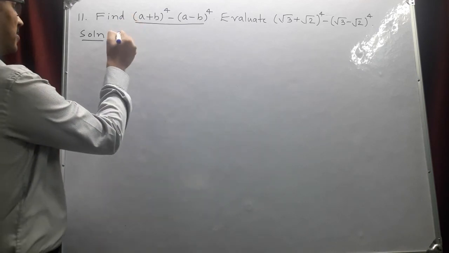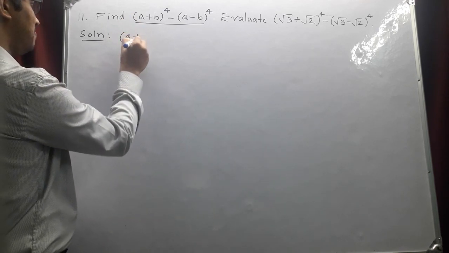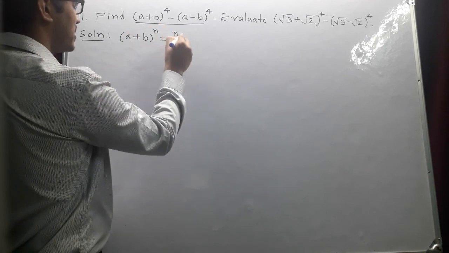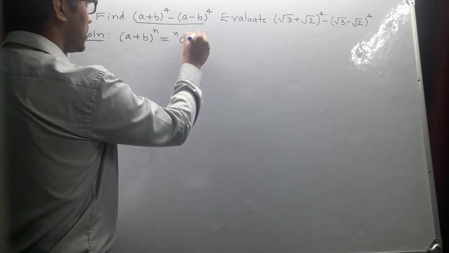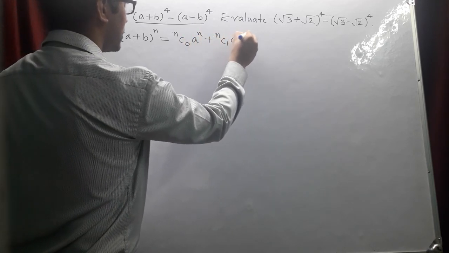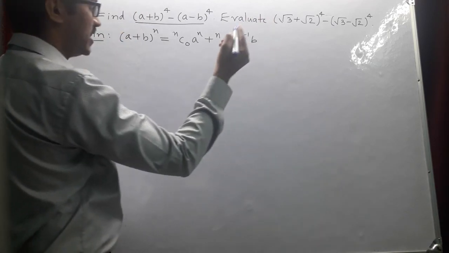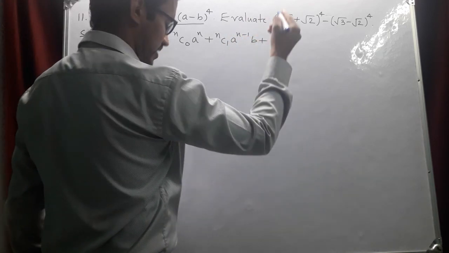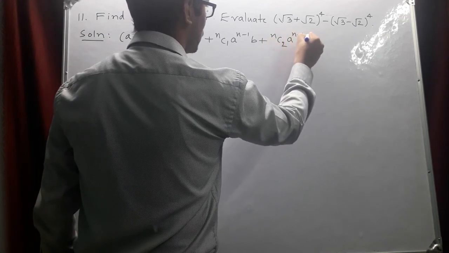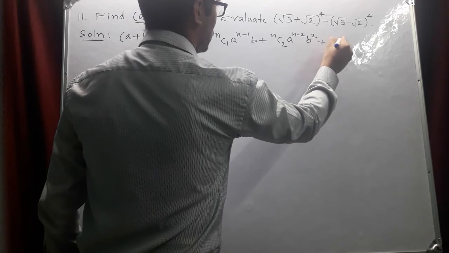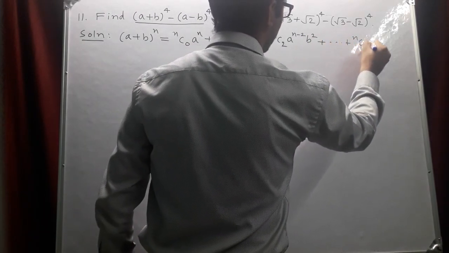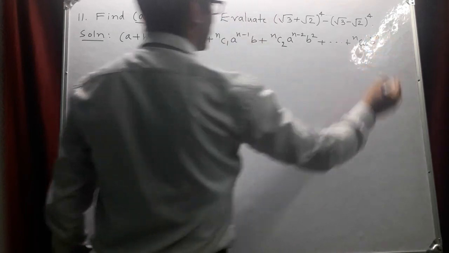So we know that from binomial theorem (a plus b) power n is equal to nC0 a power n plus nC1 a power n minus 1 b plus nC2 a power n minus 2 b square, and so on. The last term is nCn b power n.